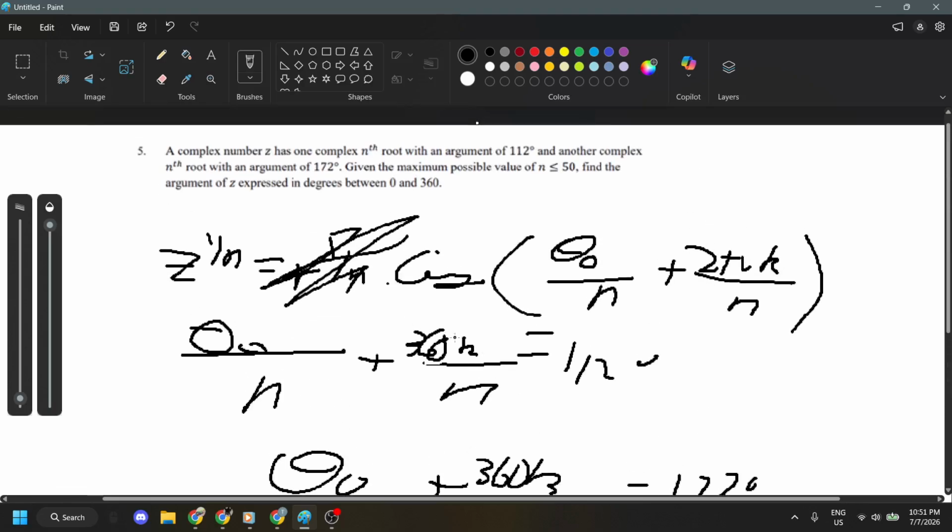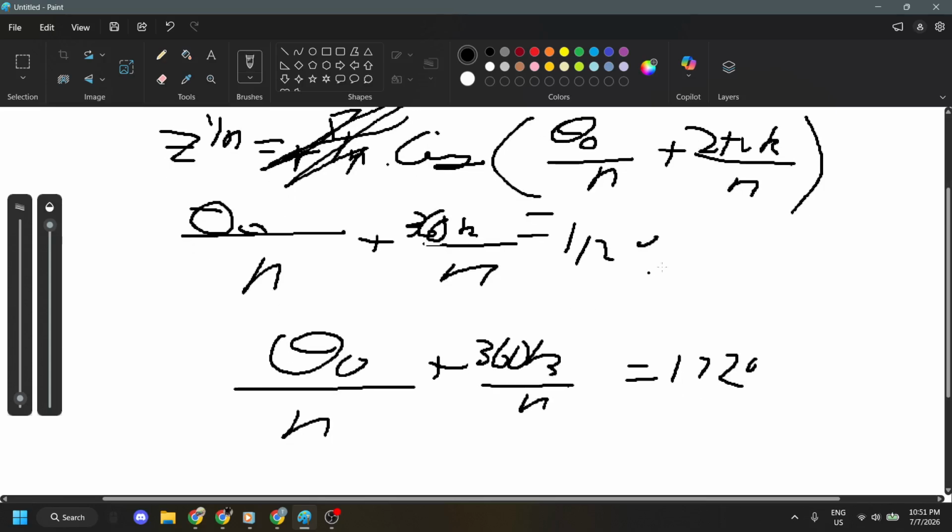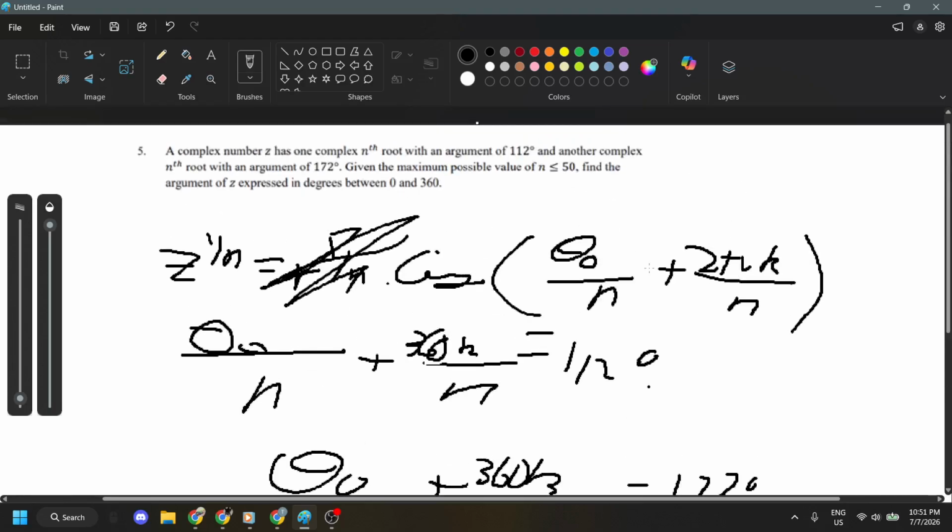So I don't understand what the limitation is. I'm assuming n has to be an integer. So given that n is incredibly large, can't n just be like 360?